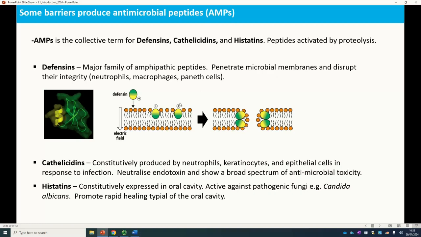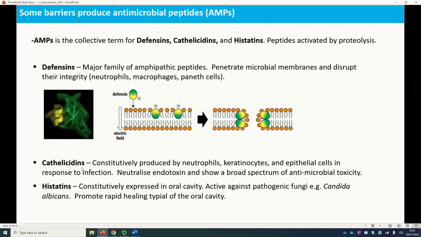So they disrupt the integrity of the microbial membrane, and these can be released by various immune cells, so neutrophils and macrophages, which we will talk about in the upcoming lectures. But you can see here defensin, it kind of forms this pore in the microbial membrane, and obviously if you form a pore, then that has pretty dire consequences for the pathogen.